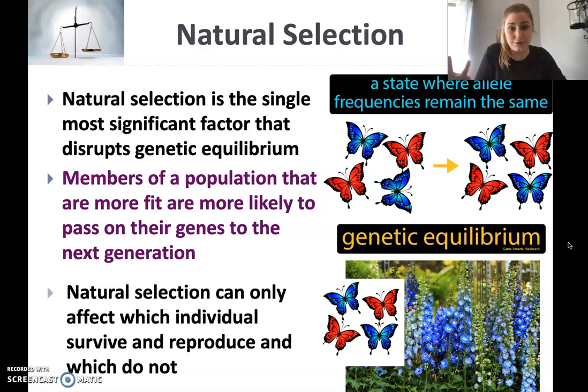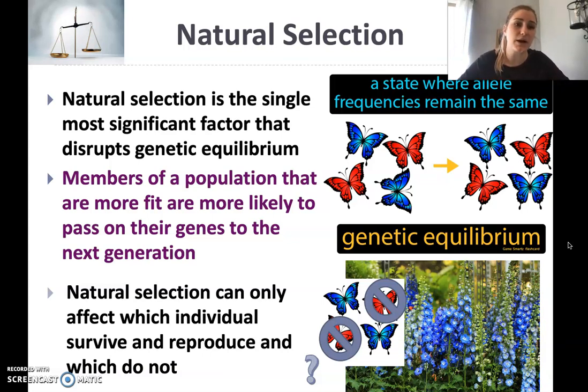The blue ones. The red ones are likely going to be eaten by birds because they're going to stick out like a sore thumb. So natural selection is only going to affect which individuals are going to survive and reproduce, and then ultimately change the population in the long run.